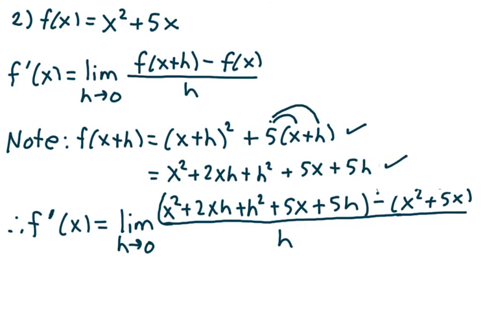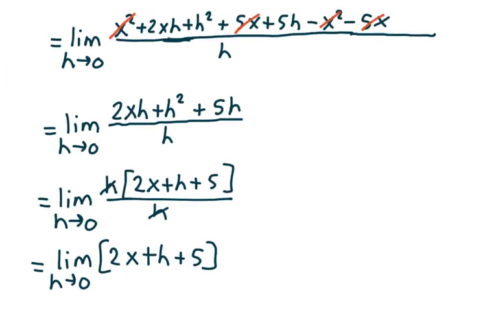And so f prime of x is the limit as h goes to 0 of x squared plus 2xh plus h squared plus 5x plus 5h minus the quantity x squared plus 5x, all divided by h.